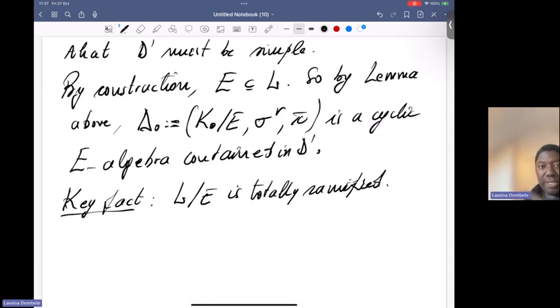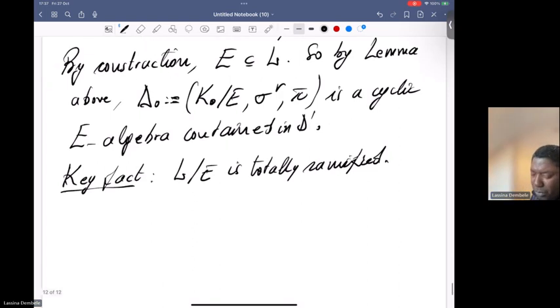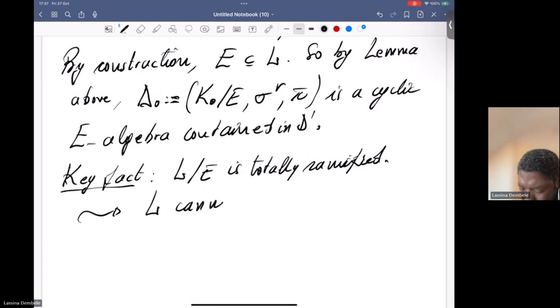By construction, E is the maximal unramified sub-extension of K0 which is contained in L. So what this means is that L cannot split delta 0.